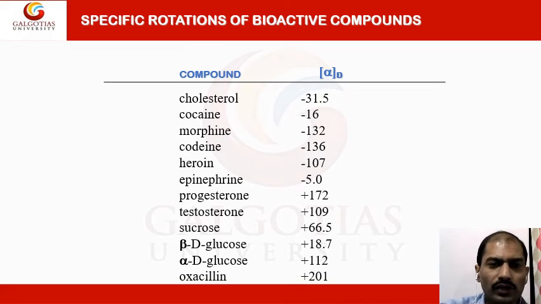If you see, there are a number of compounds whose specific rotation values are given here. Mostly these are bioactive natural product compounds like cholesterol, cocaine, morphine, codeine, heroin, ephedrine, and progesterone and testosterone, which are hormones, and also sucrose, glucose, and insulin.